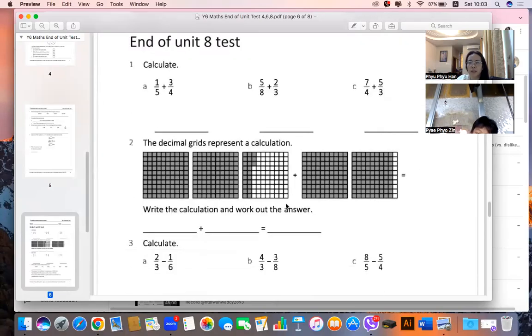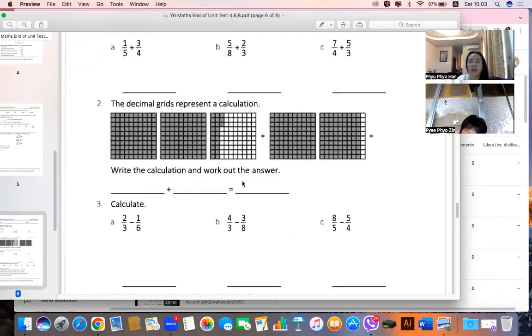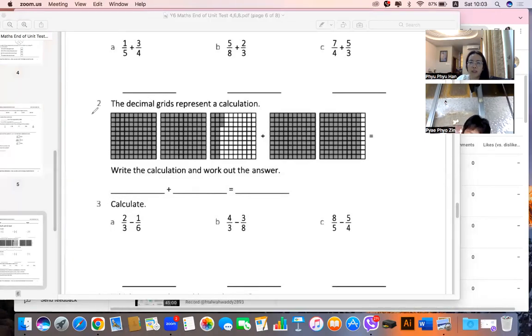Now look at this. The decimal grid represents a calculation. When you see this grid, this is a 100 square, and this one is also a 100 square. This one is not fully shaded.